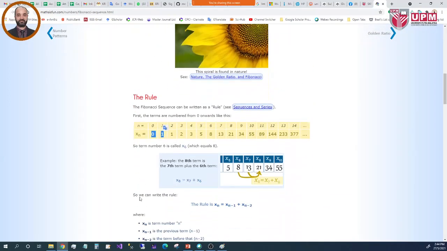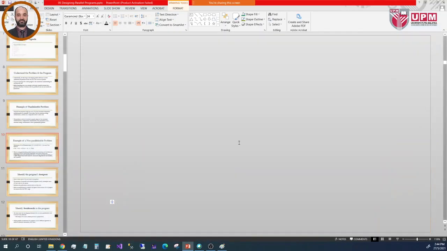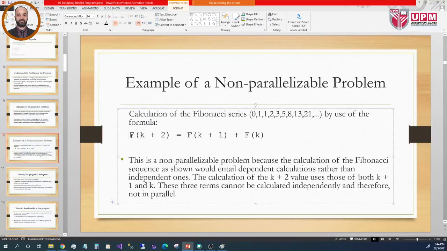It will start from the third item, which equals the first plus the second; the fourth item equals the second plus the third; the fifth equals the summation of the third and fourth, and so on, as you can see here. If you need more information, you can go through it and find what you need. So this is the meaning of that equation.